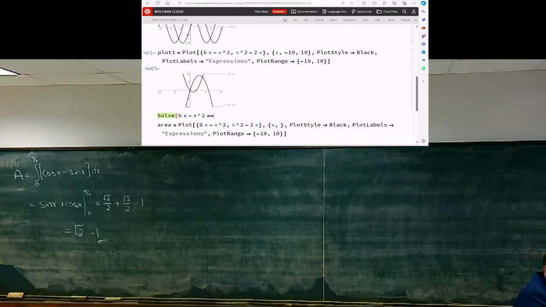Now remember, double equals. And this is the actual equation, the original equation we're saying equal to. We're setting the two curves equal to each other, not the integrals, and solve for x. And again, I like it in table form.